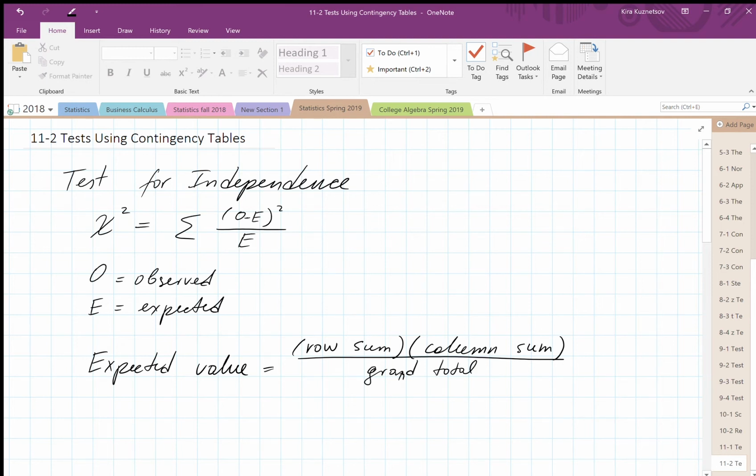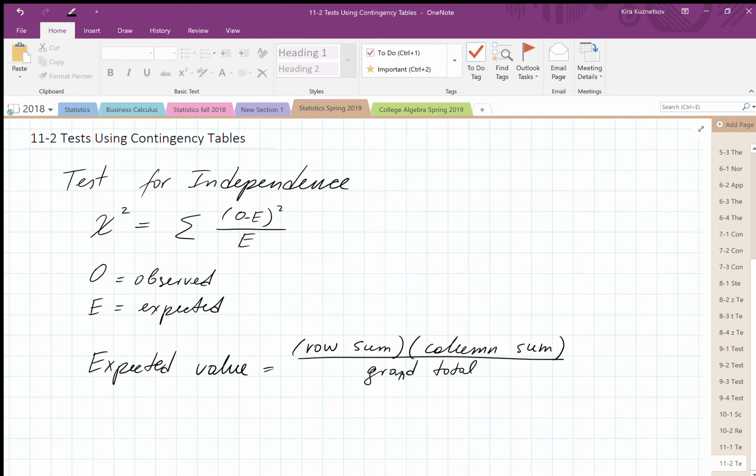But the good thing is both the TI-83 and TI-84 have the chi-squared test. That's the test for independence. That's the test that's going to be run in 11-2 for both of the examples that are presented in this book.